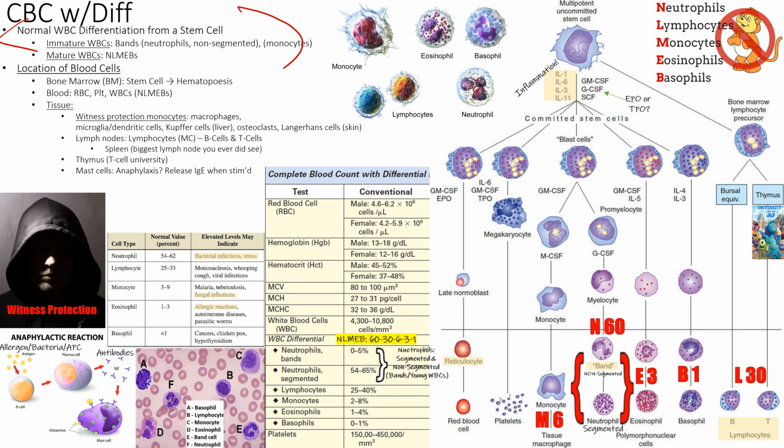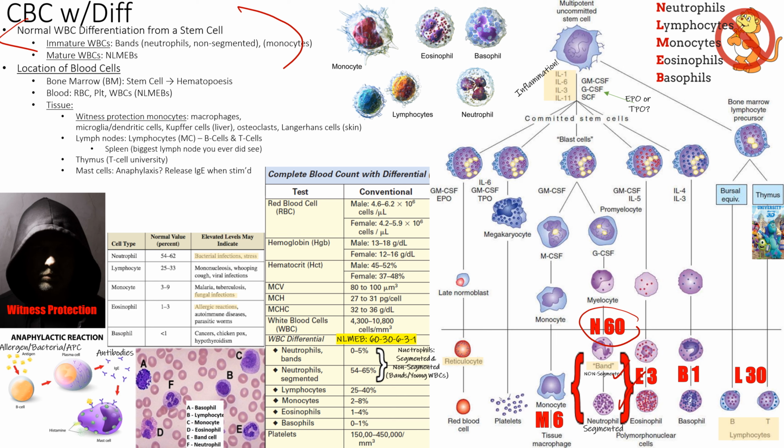WBC differentiation. We talked about this in the opening, right? N was 60%, your neutrophils, and that's a combo of your bands and neutrophils. So bands are neutrophils. They're going to be mature neutrophils eventually.